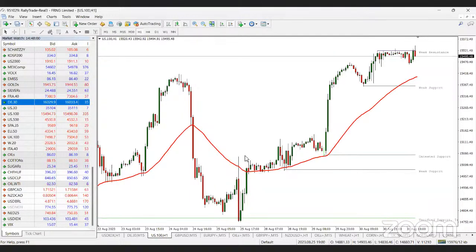Okay, so please listen to me. If US 100 retraces to the 50-period moving average, 2 things can happen.